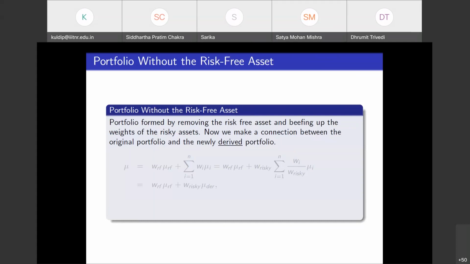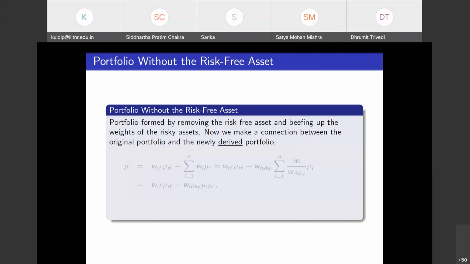Once I have done that, suppose I remove the risk-free asset and increase the weights of the risky assets so that they add up to 1. Whatever weights I had for the risky assets, I will multiply each of them by 1.25. When I multiply by 1.25, it becomes a legitimate portfolio.